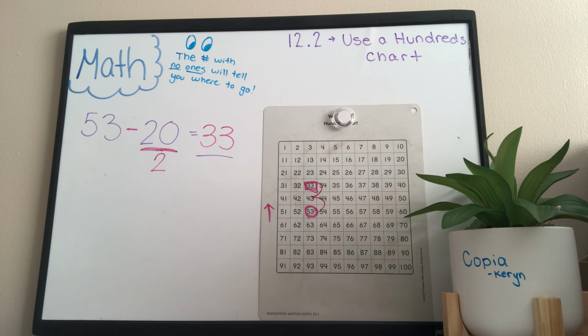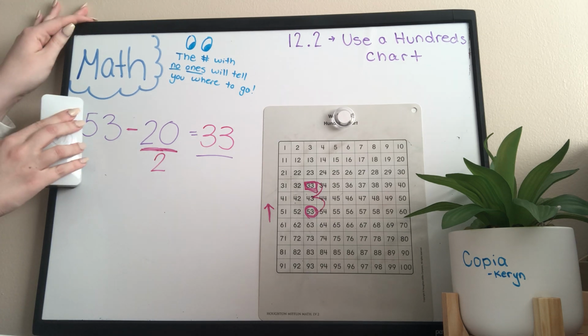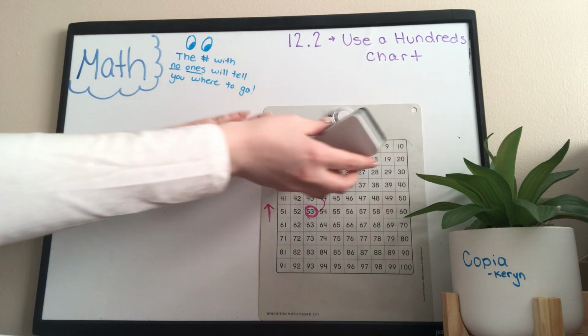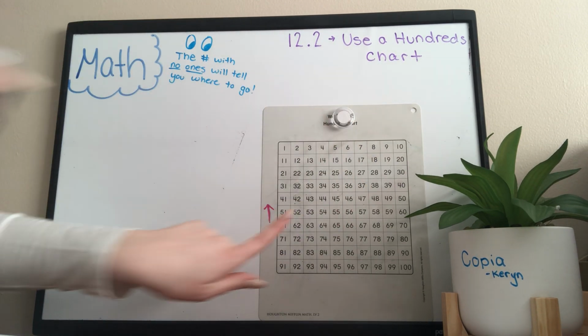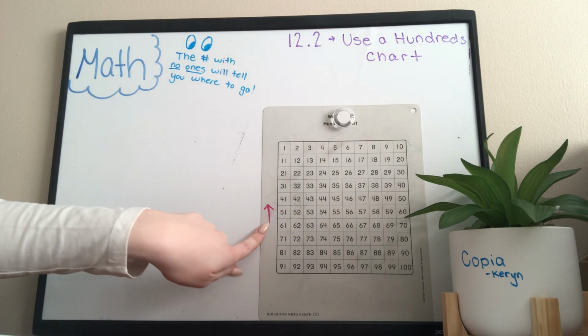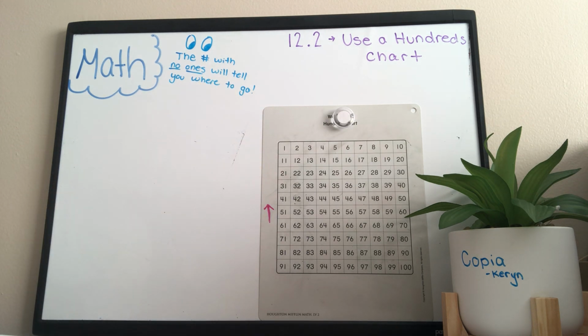All right, let's try it with 2 more problems, and then I think we're going to be good to go. So let's erase this. I'm going to keep my arrow up here to help remind us that we're going up, and I am also going to keep my helpful hint up here.